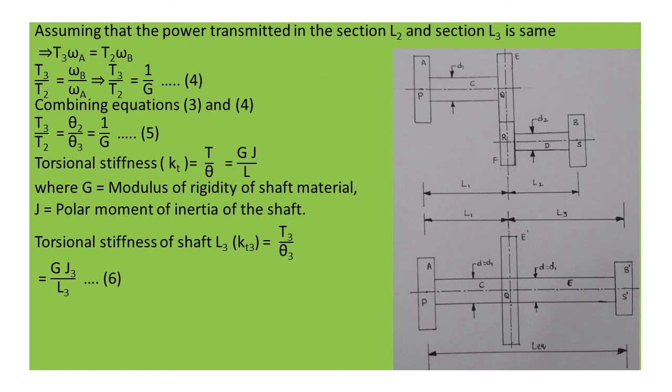This is equal to G J3 by L3. Let us say this is equation 6. Torsional stiffness of shaft L2, Kt2, equals T2 by theta 2. This is equal to G J2 by L2. Let us say this is equation 7.